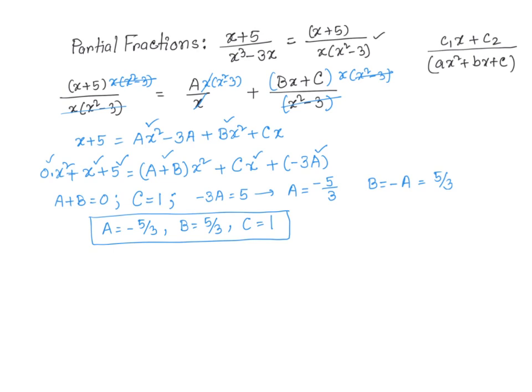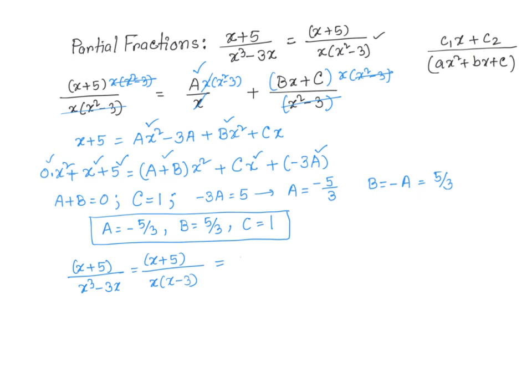Now if I rewrite it, what do I get? x plus 5 over x cubed minus 3x, which is the same as x plus 5 over x times x squared minus 3, is equal to a over x.